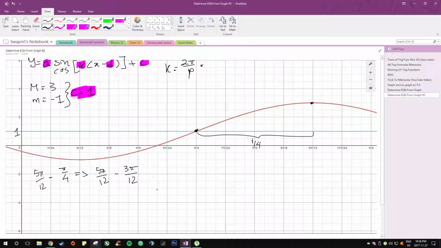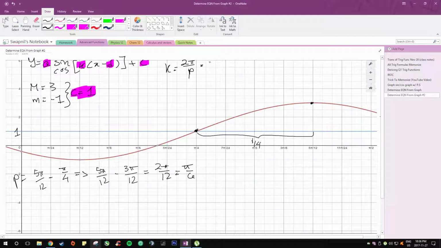Over 12, and this will give you 2 pi over 12, which will give you pi over 6. So that's the period right there. So the period is 5 pi over 6.